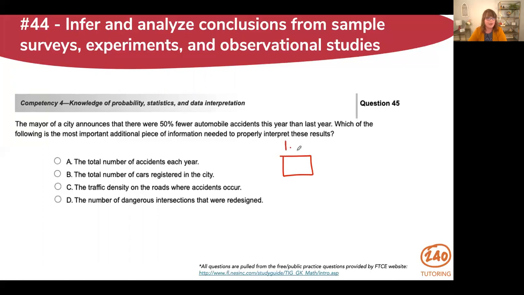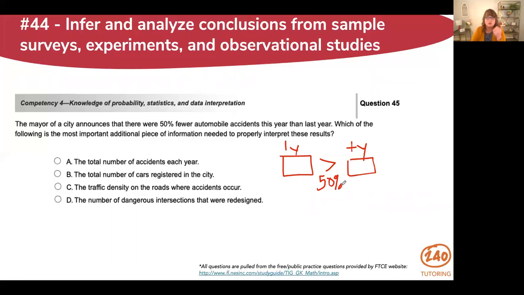All right, that was last year. Then we have this year, I'm just abbreviating last year, this year. And we know there were a certain number of automobile accidents, okay? So we had automobile accidents here and automobile accidents here. We know that this year there are 50% fewer.